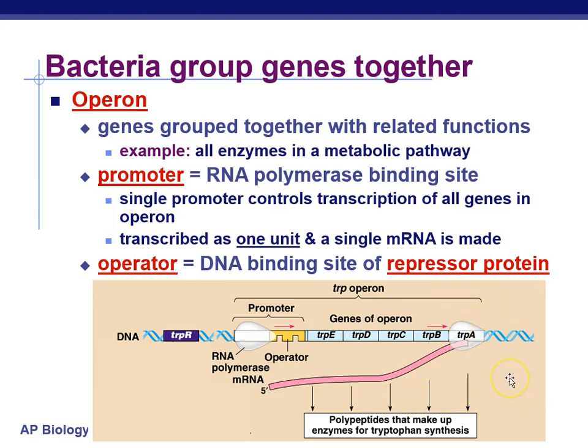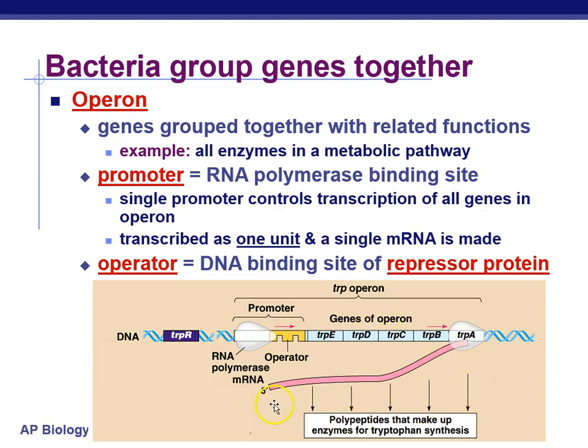So in order to make tryptophan, we would need to transcribe all 5 of these genes, trpE, D, C, B, and A. We would need all those proteins, which are basically enzymes, to make tryptophan. But hey, if we already have enough tryptophan in our systems, then why make those enzymes? So that's why we need this operator. So we group them all together so we can control them.